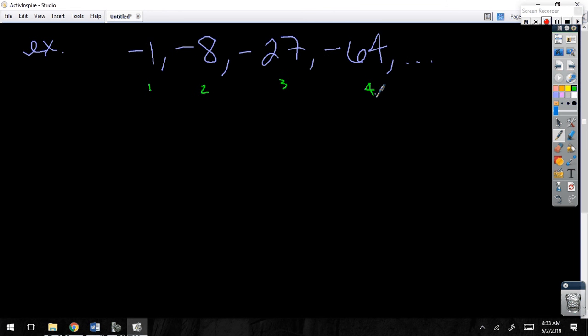But they need to be negative. So how could I write that as an equation? Don't do your exponent.